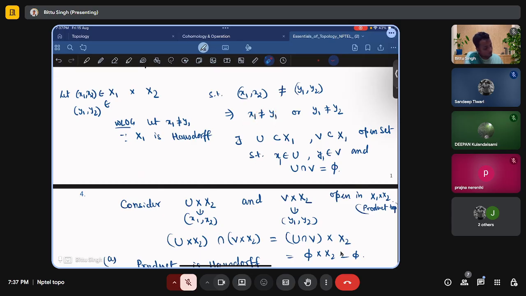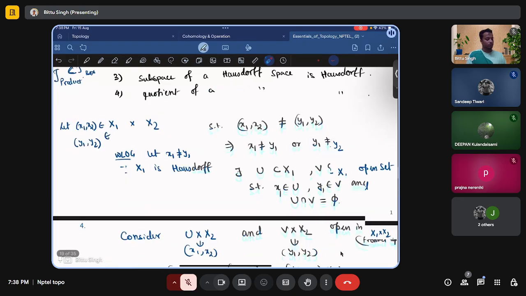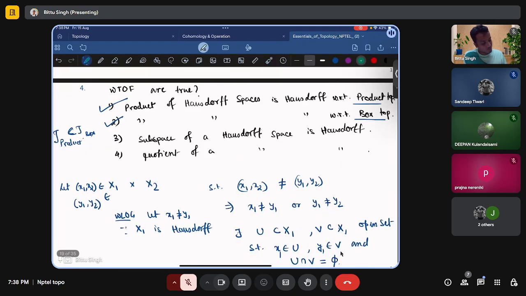Using this fact, by definition we take the product where, except for the ith component, everything is fixed, everything is some Xi. So this is true for arbitrary products, not only finitely many.